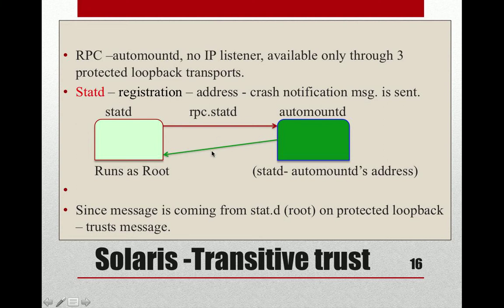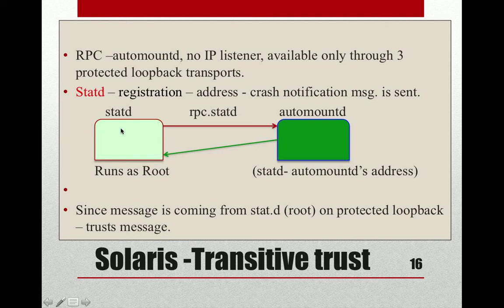And lastly, this one was found in Solaris, and it's RPC. The automount is for mounting and demounting for the kernel, and it's pretty protected. It is only available through 3 protected loopback transports.